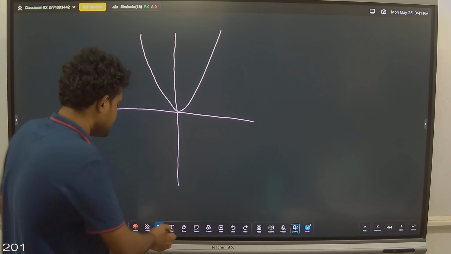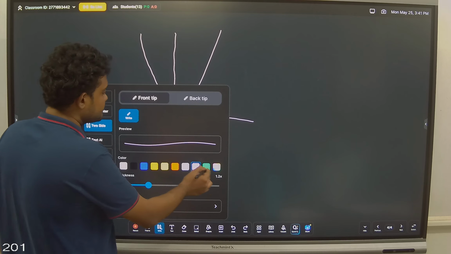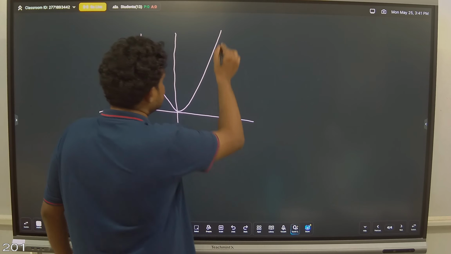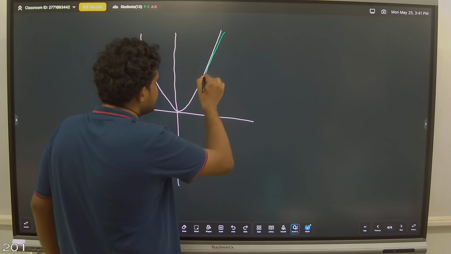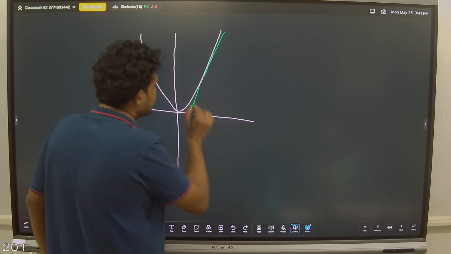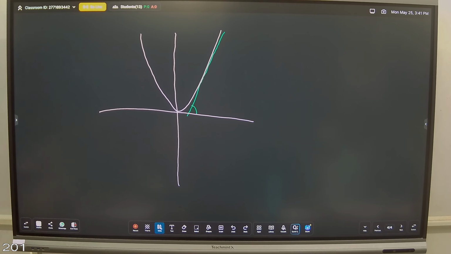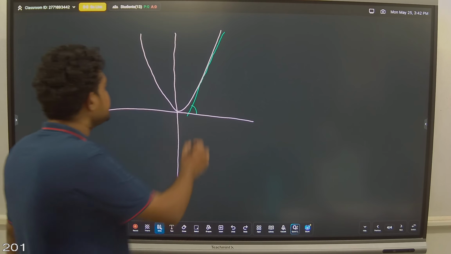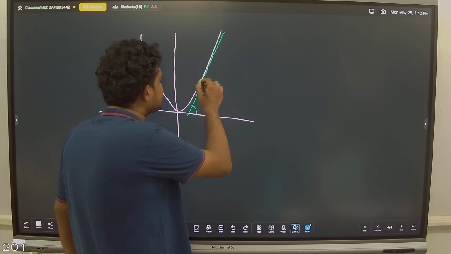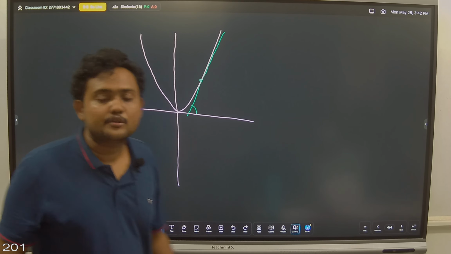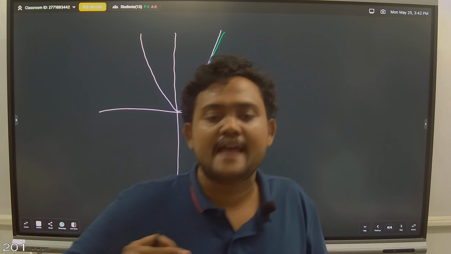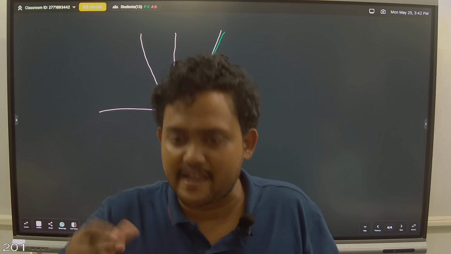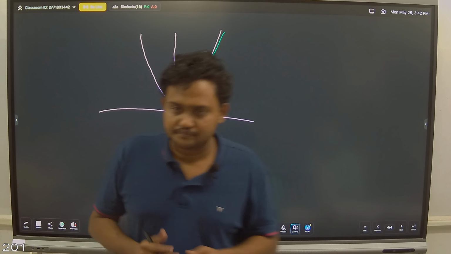You know what a tangent is? You draw a tangent to the curve at one point and take the tan of the angle made by the positive direction of the x-axis with the tangent, right?